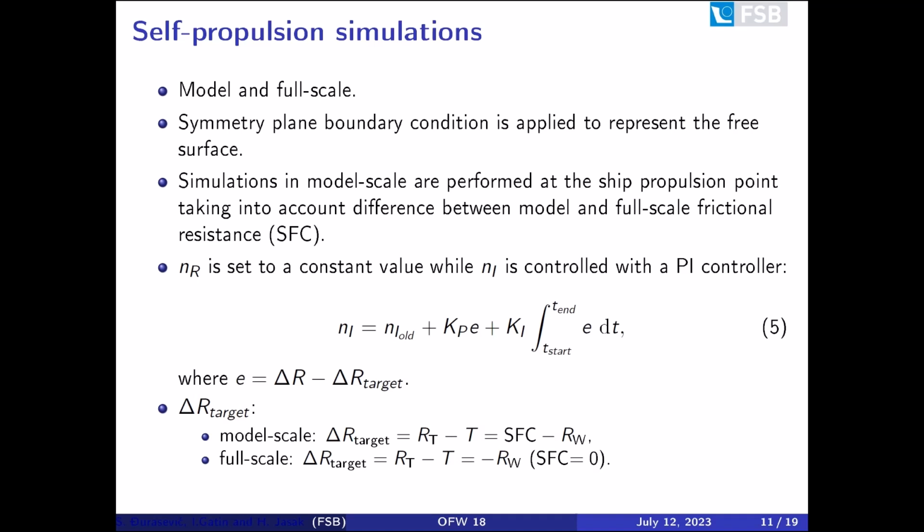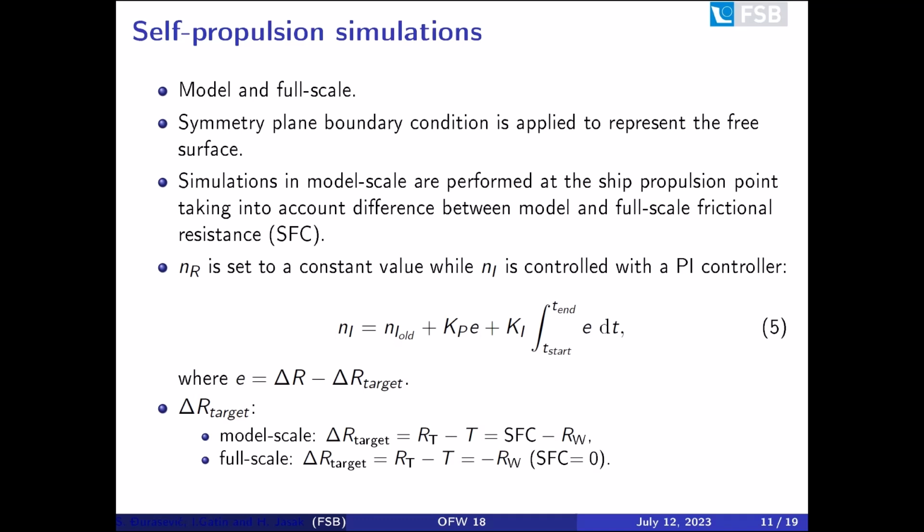Self-propulsion simulations are performed in both model and full scale, with a symmetry plane boundary condition to represent the free surface. Simulations in model scale are performed taking into account the difference between model and full-scale frictional resistance. The rotation rate representing the non-inertial component is kept constant during the simulation, while the inertial rotation rate is controlled using a PI controller, where the controller set point is chosen to be the desired resultant force in the longitudinal direction.